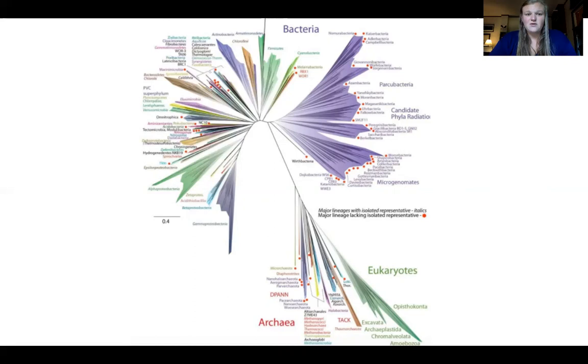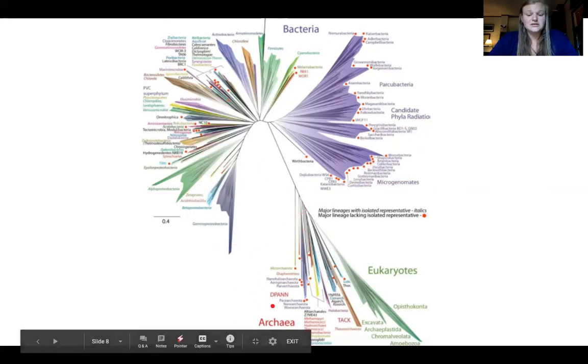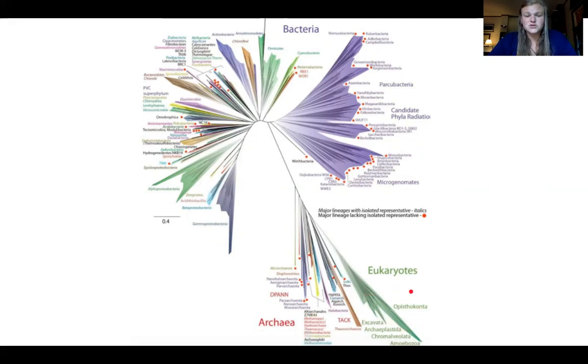And from that, we get this amazing diversity. There are innumerable amounts of species of bacteria, and you can see here just how many there are. Archaea are a little less common, and then eukaryotes are really a small number of species compared to how many bacteria there are on Earth.